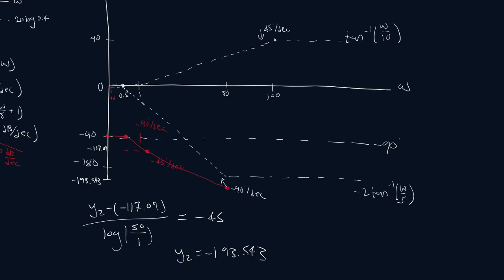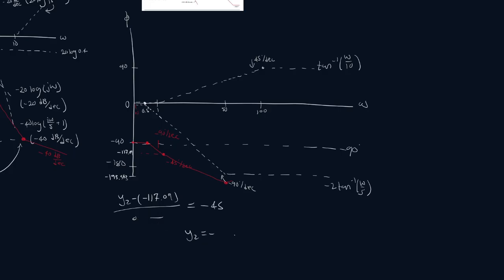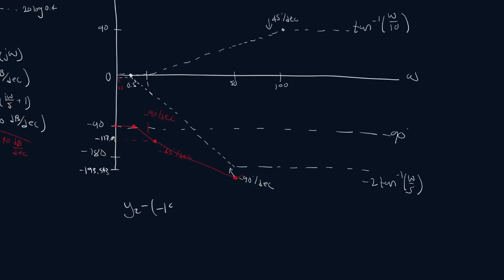There we go. And then from here, we have a slope of 45 degrees because this is now 0. This is now 45. And that remains the same from 50 to 100 when this has now a slope of 0. So let's find that point. So y2 minus y1, which is minus 193.543, all over log of 100 over 50 equals 45.